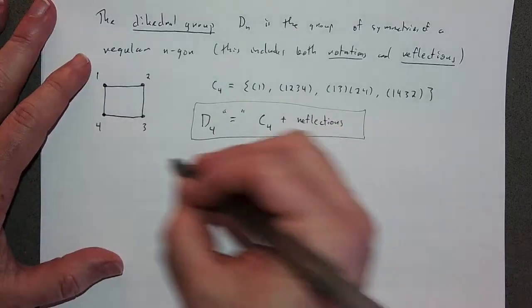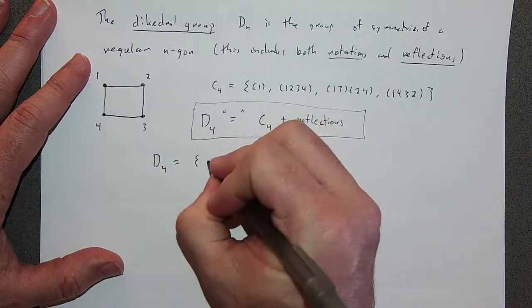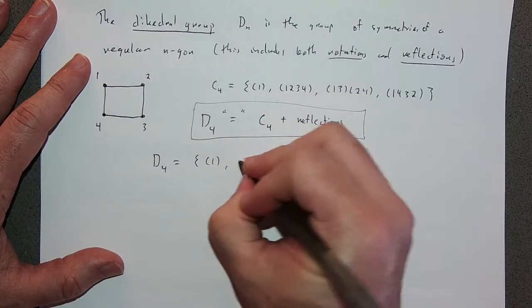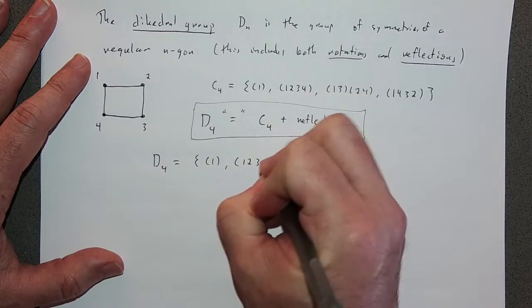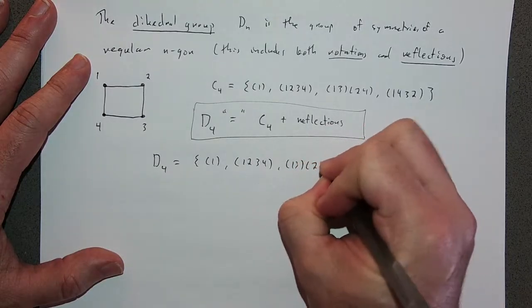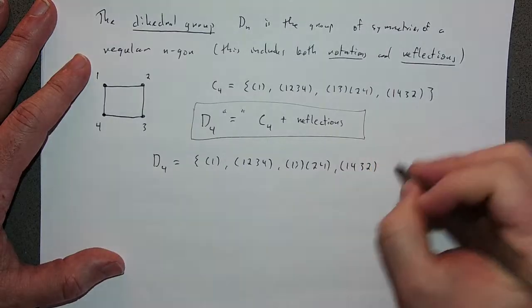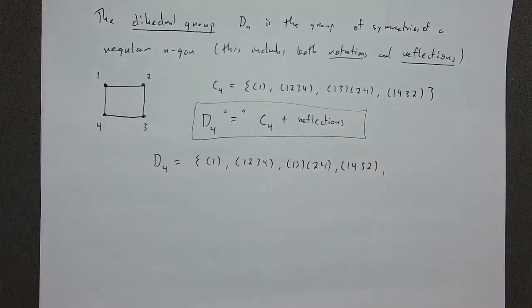Well, what is that exactly? I'm going to write it out. So here are the rotations. I'm just going to copy them again from here. Since this is relatively small, we can just try to exhaust all of the reflections that we see, right? So what are the reflections?